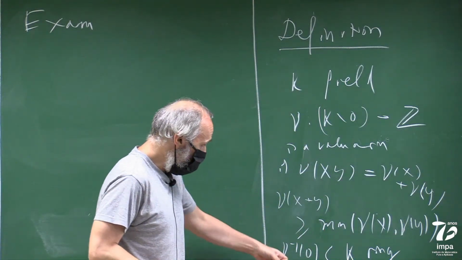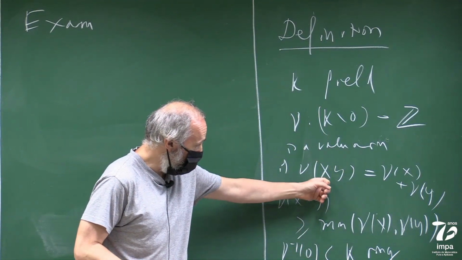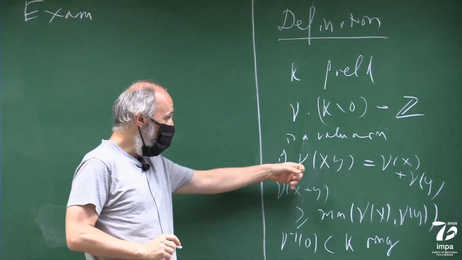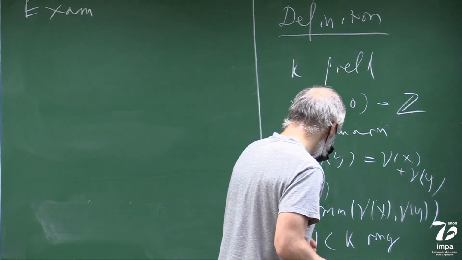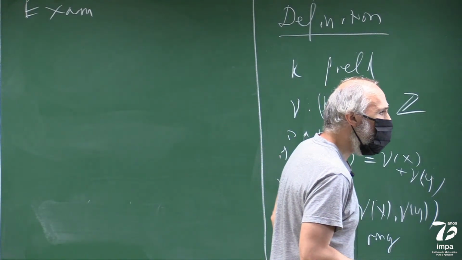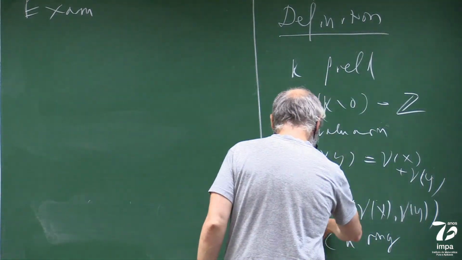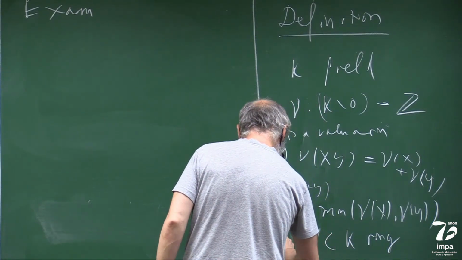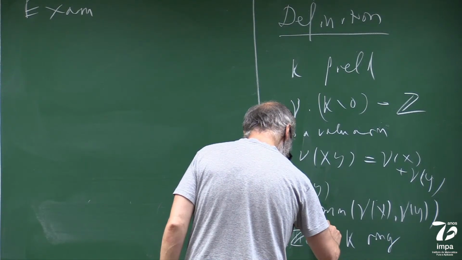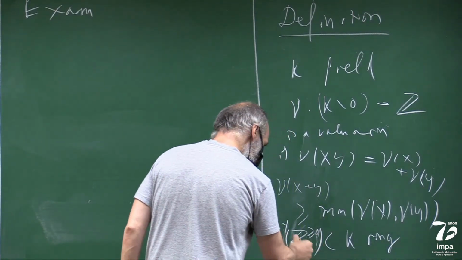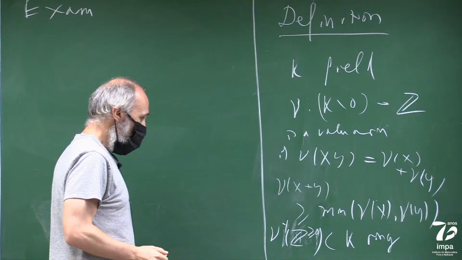Well, first it is multiplicatively closed. Sorry, not of 0, but of non-negative numbers: nu minus 1 of non-negative numbers is a ring.